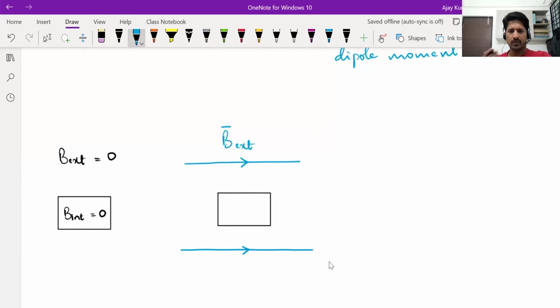Can any of you guess what happens inside the material? Some of you may know the answer already. At the atomic level, there are no dipoles, so inside this material there are no dipoles basically. What happens when we switch on an external field to the right?